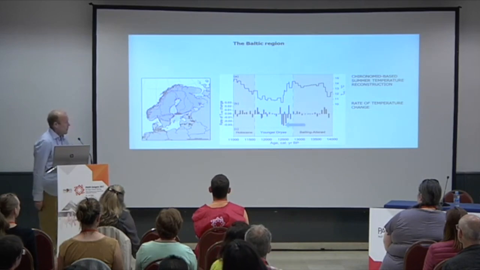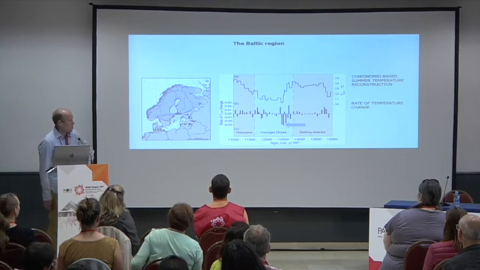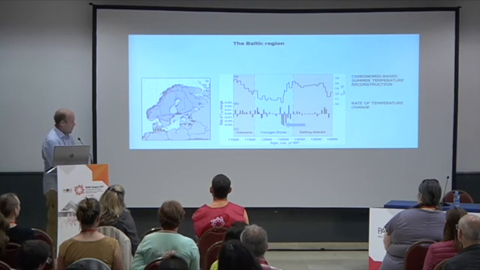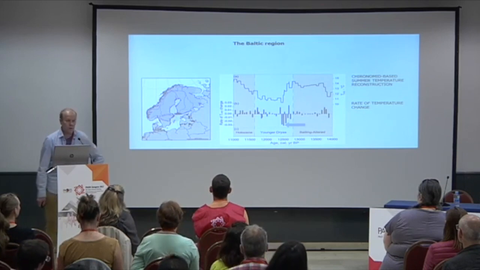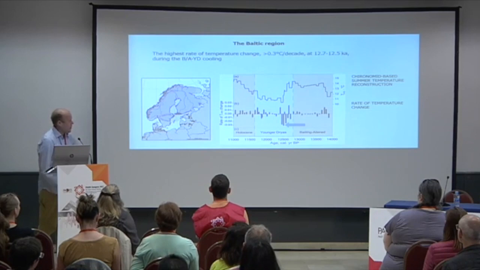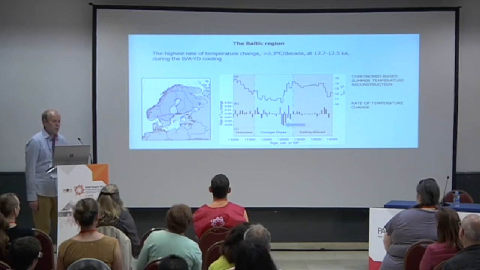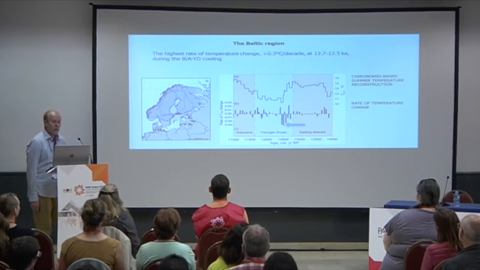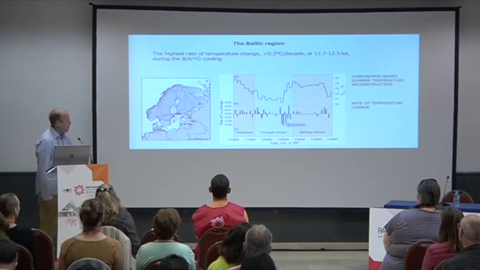So here we can see that these bars indicate the temperature rate of change. The scale is here. This is warming per year. You can multiply by 10 if you want it per decade. We can see that at the beginning of the Younger Dryas, the rate of temperature change was over 0.3 degrees per decade.